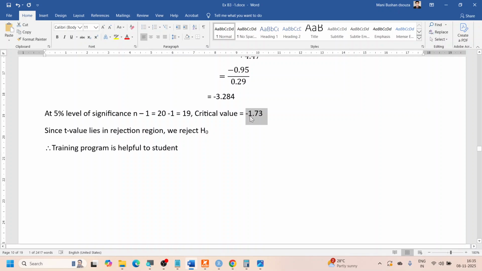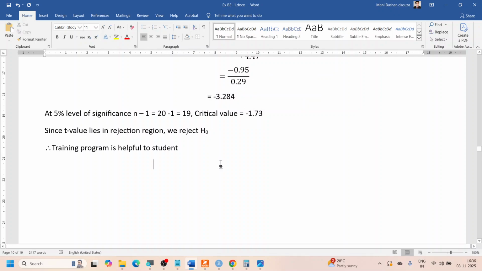The critical value is minus 1.73, and this is very far away from our t value of minus 3.284. So we say that since the t value goes beyond the critical value, we are going to reject the null hypothesis.